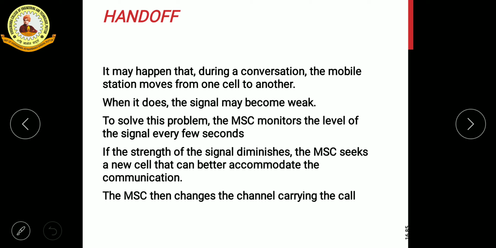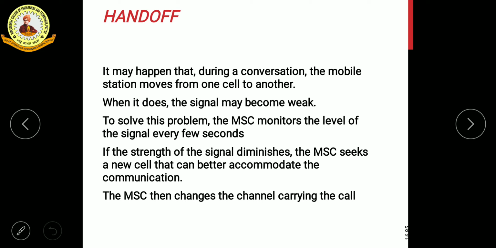When a mobile station has received a call in one cell, or has started dialing a call in one cell, it reaches the boundary or the region of another cell. Suppose when you move out of Puttur, your cell region may finish, or you may enter another cell.